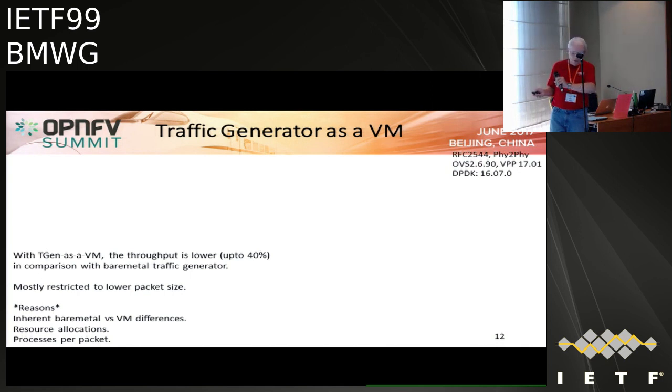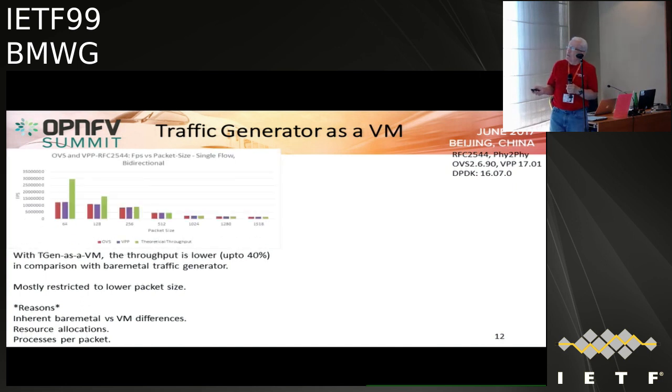Okay. Given that I'm running out of time, I'm going to skip a few things here. What do we got here? These are tests with the traffic generator as a VM. It's mostly restricted to the lower packet sizes where you've got a difficult comparison here with theoretical. And this didn't achieve the same throughput levels as the others.